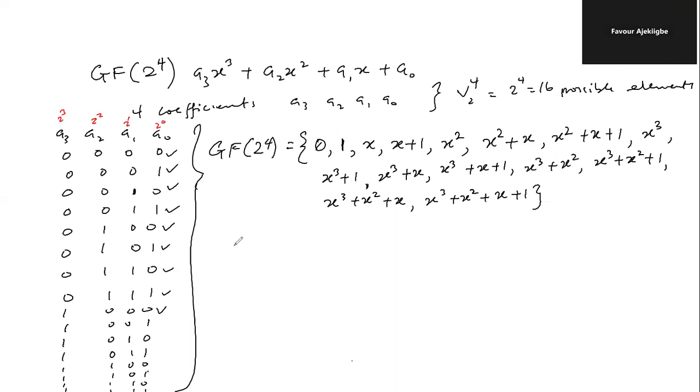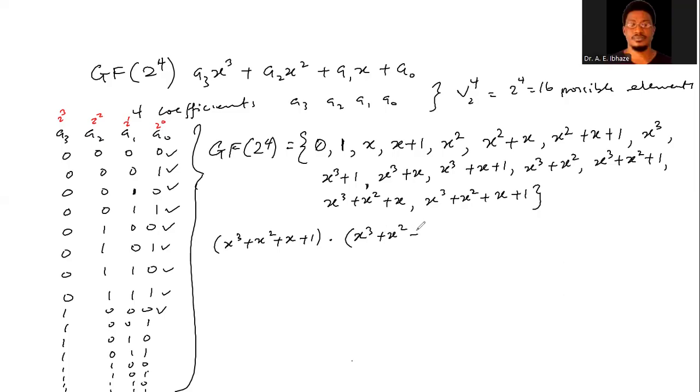let us assume we now have to multiply two polynomials, x cubed plus x squared plus x plus 1 times x cubed plus x squared plus 1. So what are we going to get? We get x to the power of 6, this times this, plus x to the power of 5, this times this, plus x to the power of 4, this times this, plus x cubed.